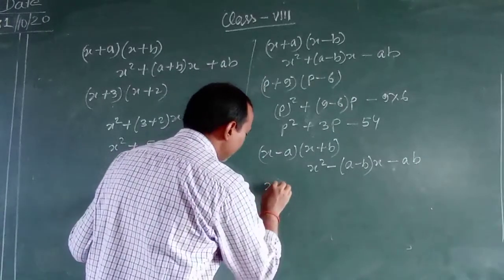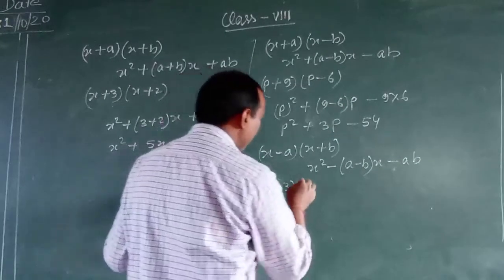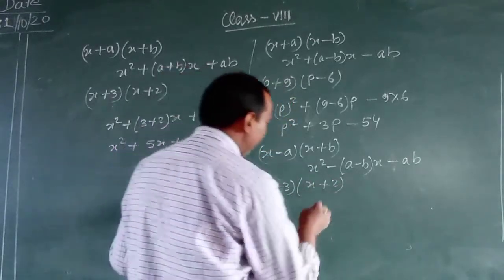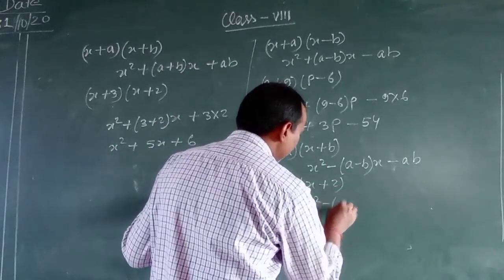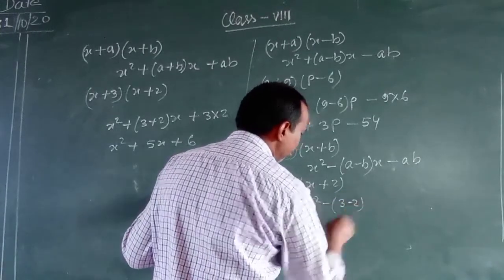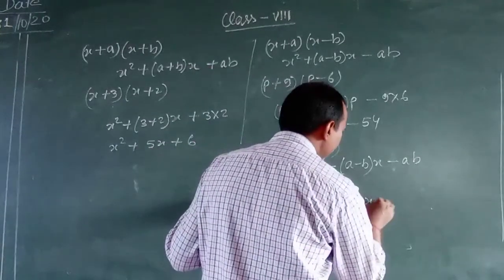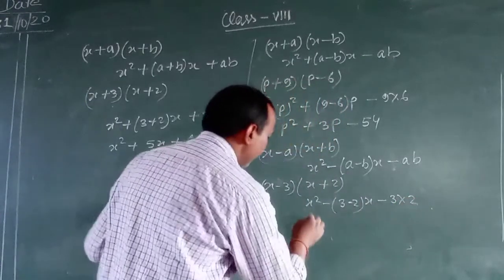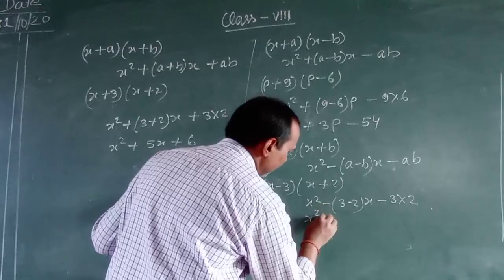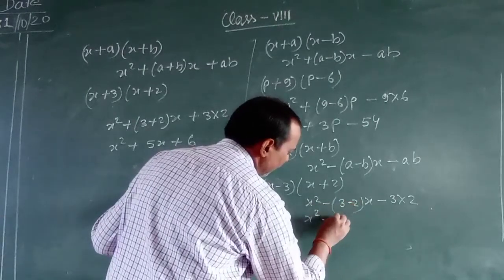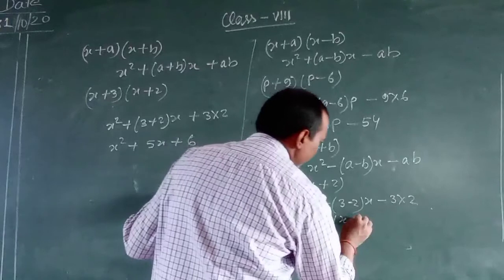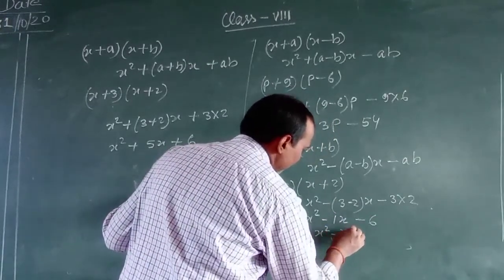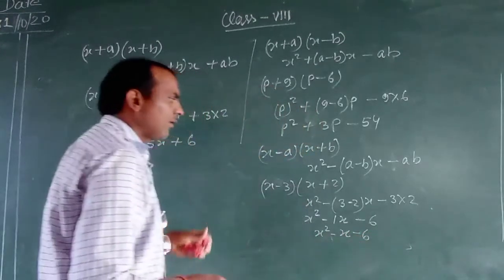For example, x minus 3 into x plus 2, it can be written x square minus a minus b into x minus a into b. So it is x square minus 3 minus 2, 1x, minus 3 twos are 6, or we can write x square minus x minus 6.